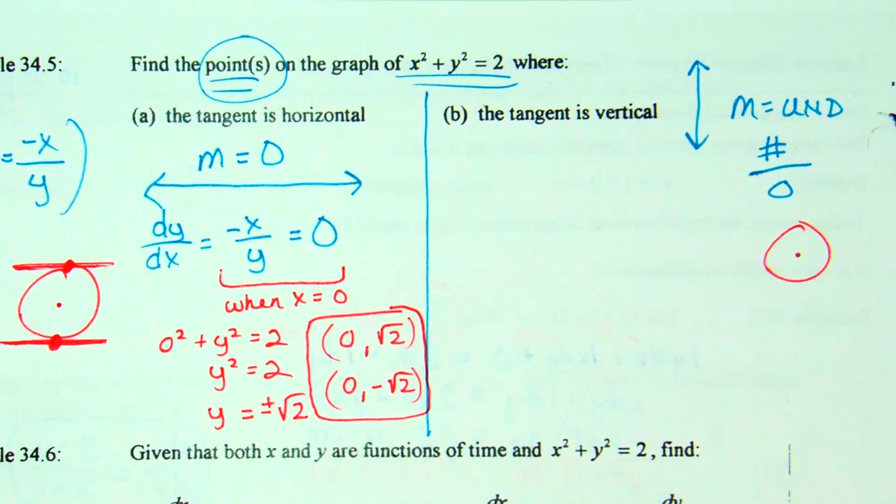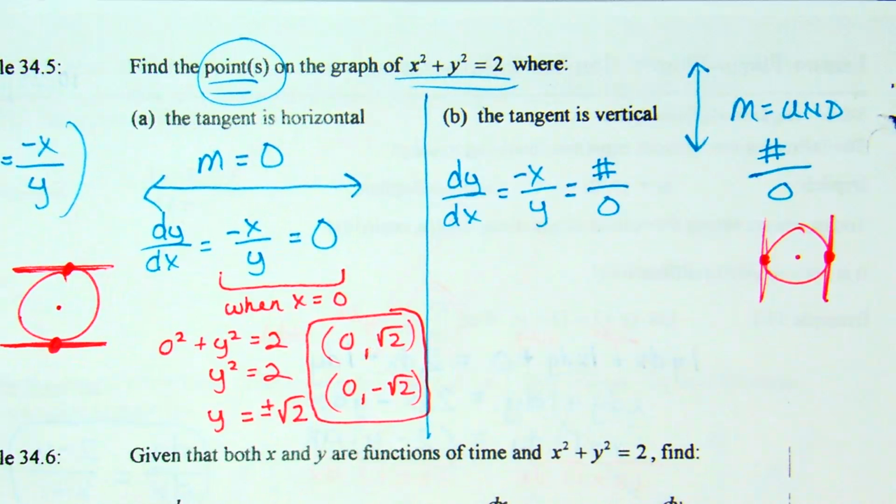I'll set it up real quick for you. dy dx, my slope of negative x over y, we're wanting it to equal undefined. Undefined is when it's a number over 0. So what are we looking for?